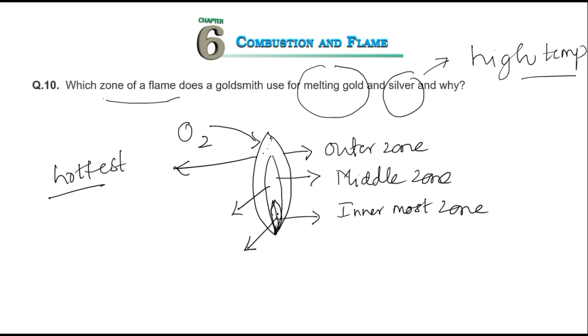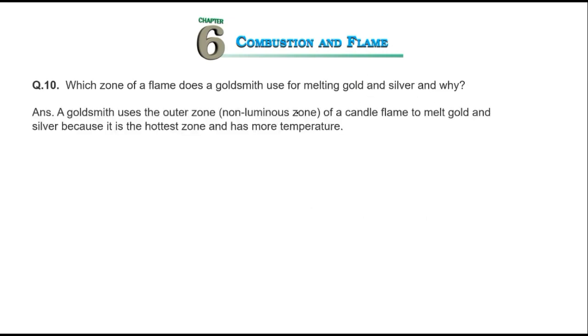So here more unburnt particles will be there, even in the middle zone. Therefore, since the outer zone is hottest among all three zones, it is always good to use the outer zone for melting gold and silver. So the answer can be: a goldsmith uses the outer zone, that is the non-luminous zone.